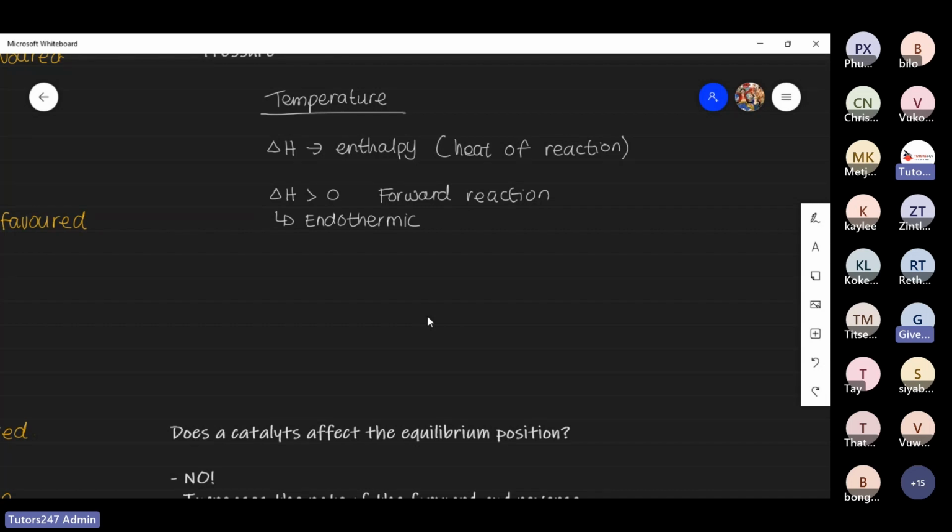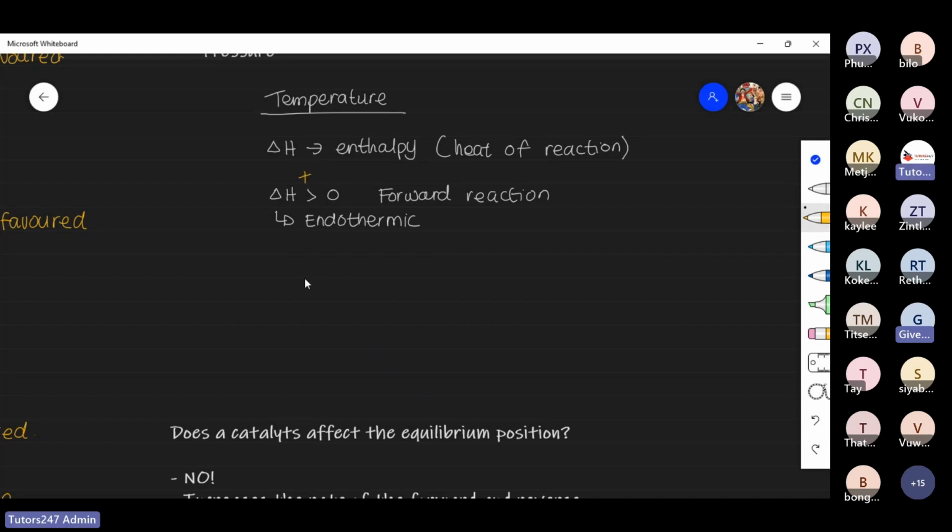So what is important to take note of when you are dealing with temperature is that a positive heat of reaction means that the forward reaction is endothermic. Please take note that greater than 0 implies positive, okay? So I'll just put a little plus sign there. This means positive.